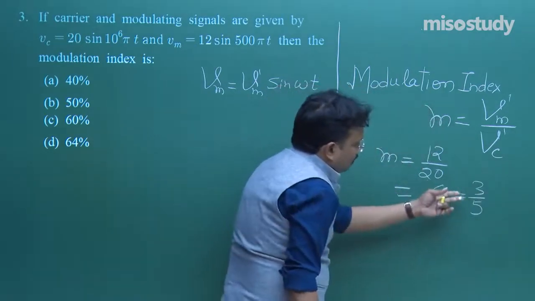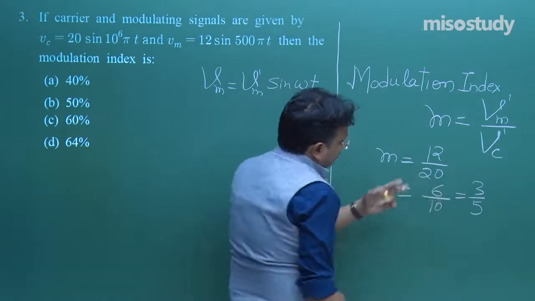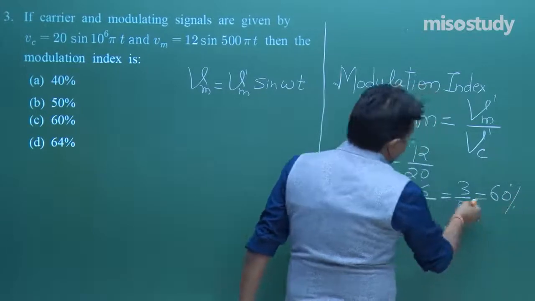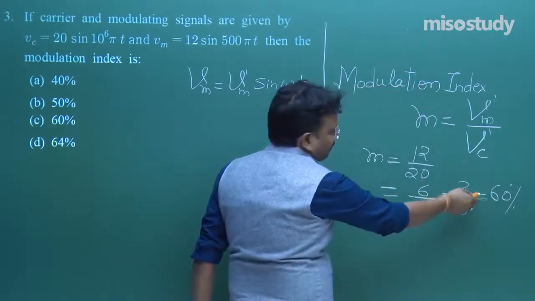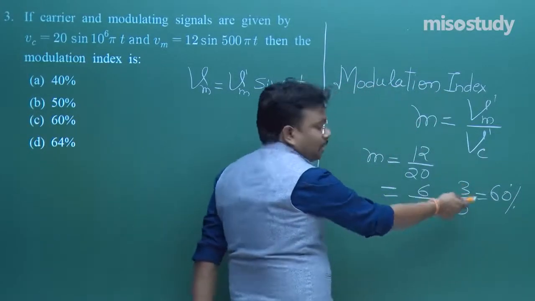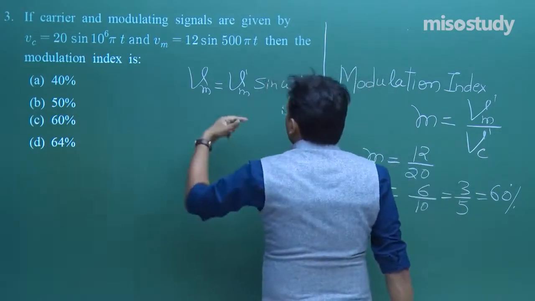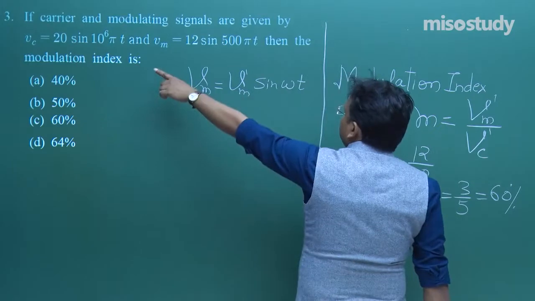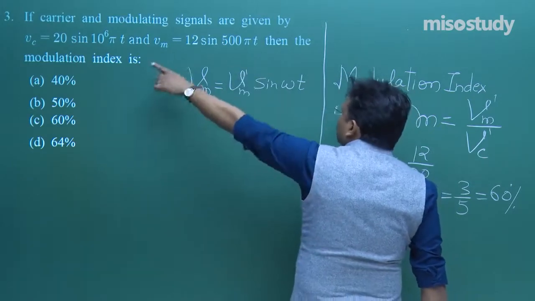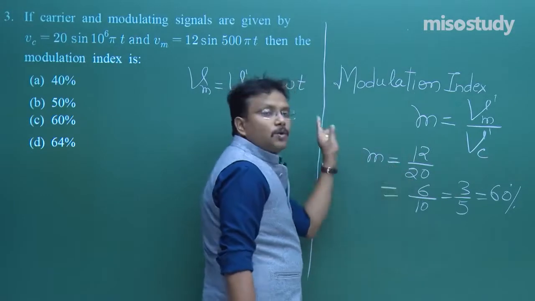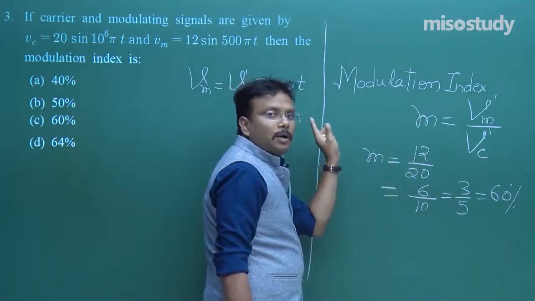Fine. So, if you solve it easily, you can get the answer equal to 60%. 5 into 6 is 30, and accordingly 60%. So, the correct option is C. So, as you can see, just by properly looking into these equations and using this formula, very easily you can find out the solution of this particular question.